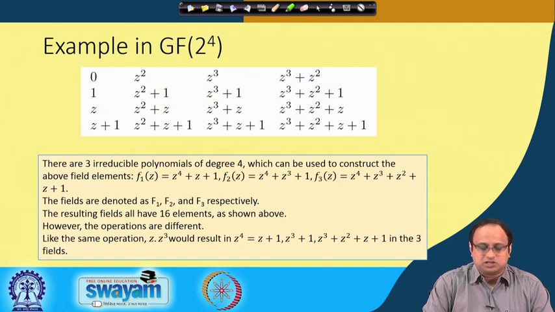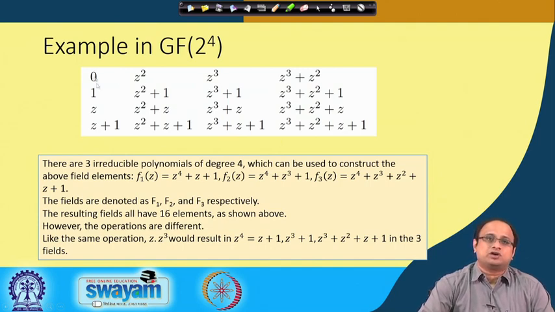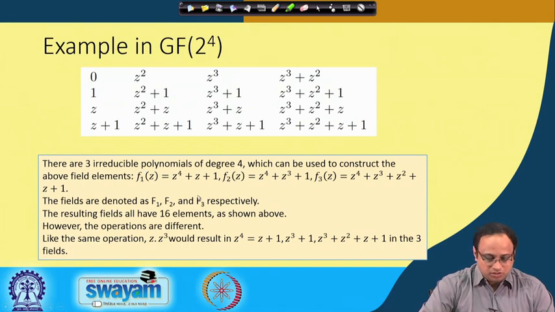So, let us try to understand isomorphism in more detail by taking an example. Again I will take up my example of GF to the power of 4, and again I have represented all the elements in GF to the power of 4. Note that I now also have 0 over there. So, I have all the 16 elements: there is one which is 0 and then there are 15 non-zero elements in the field.